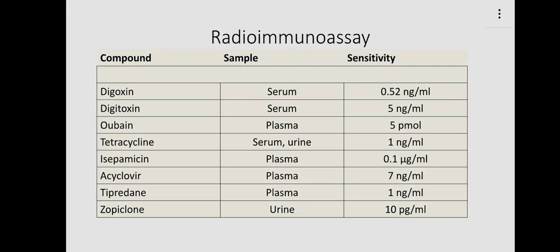The concentrations of these substances are also very small. So you need a sensitive method that is also not affected much by these complex matrices. So radioimmunoassays were very useful.